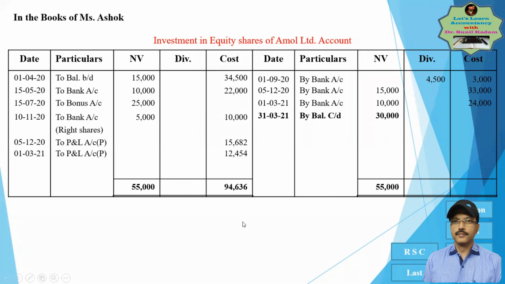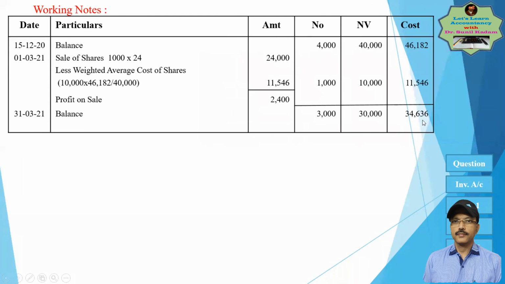It comes to 94,636 that will be charged to the credit side, and this much will be deducted from 94,636, and the balancing figure is 34,636. Check, is it the same? 34,636. It's similar.